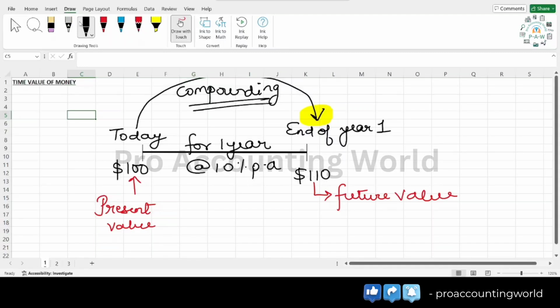But if from the future value you want to calculate the present value, then this process is called discounting.